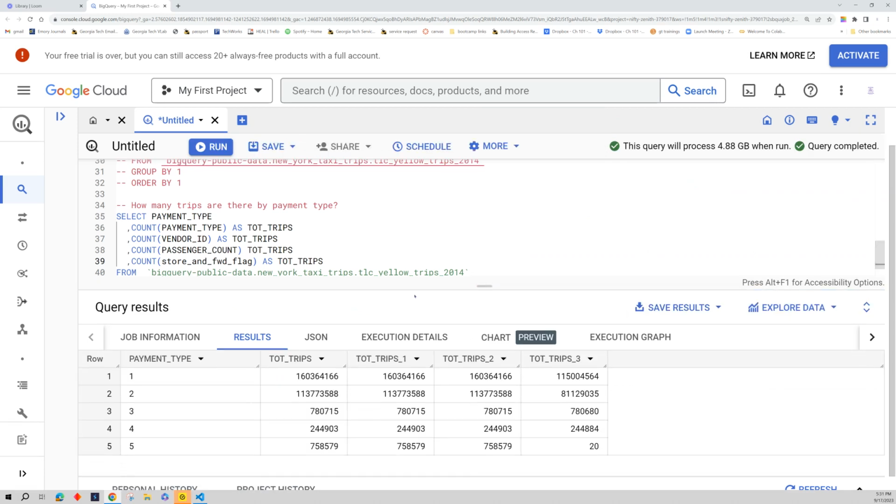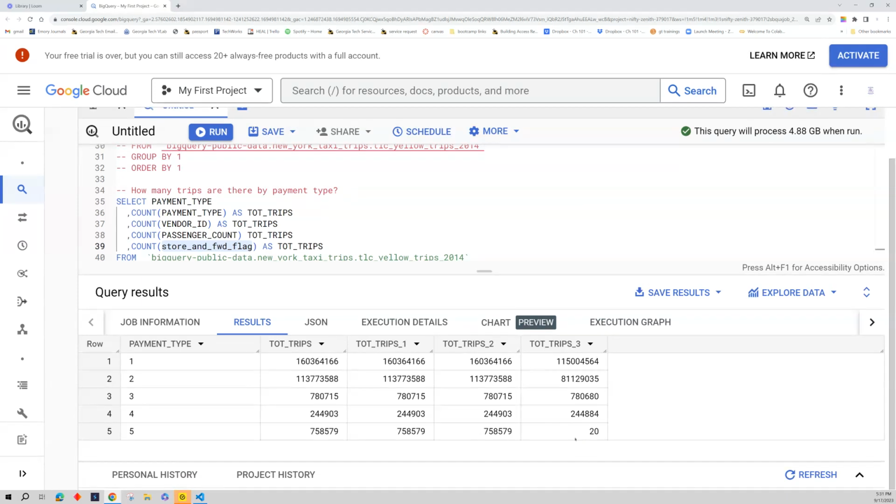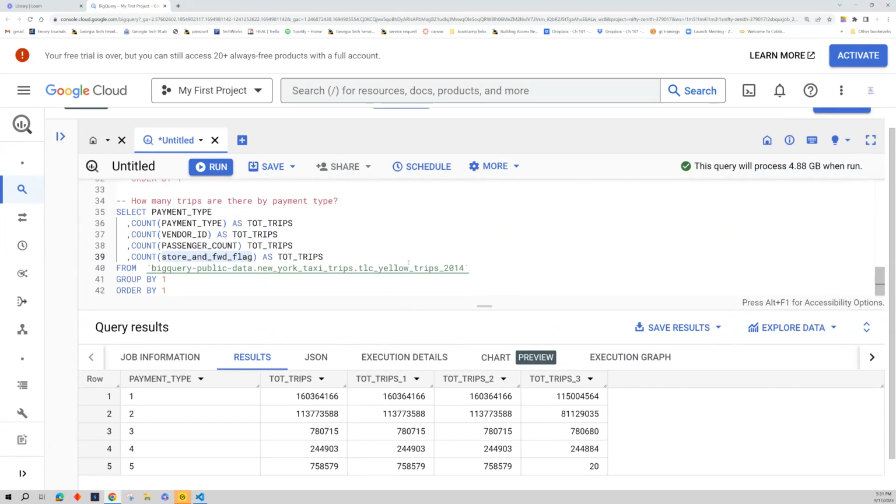Okay, so we see when we count total trips using the store and forward flag, if you have nulls, it's not going to get counted. It's a missing value, so it does not get included. And so that's why when we're looking at total trips, we can use pretty much any column unless it has nulls. Then it's not going to be the same number. And depending if you want to count something with a null versus without a null, it kind of goes to the business case and what you're trying to do.